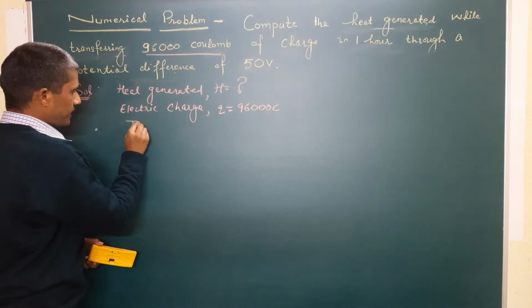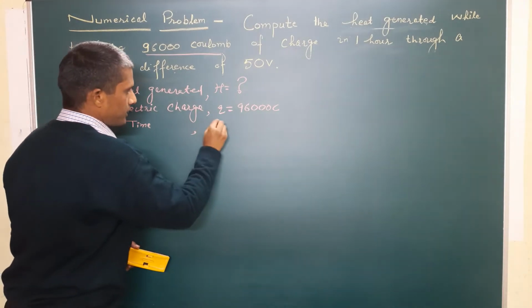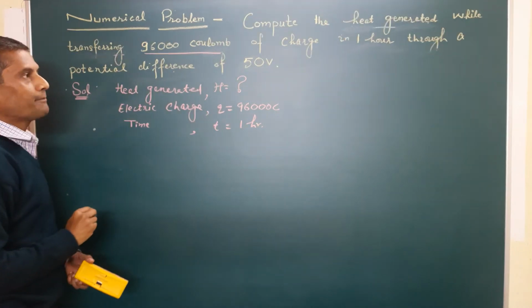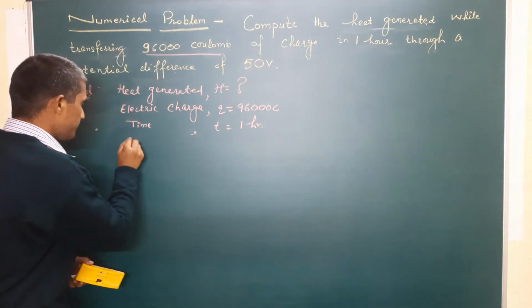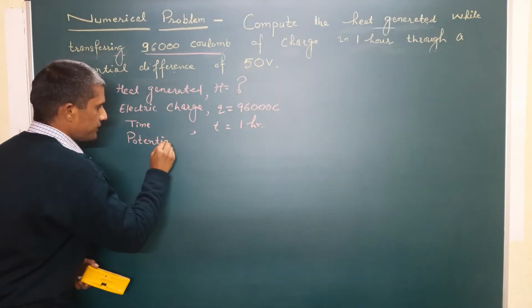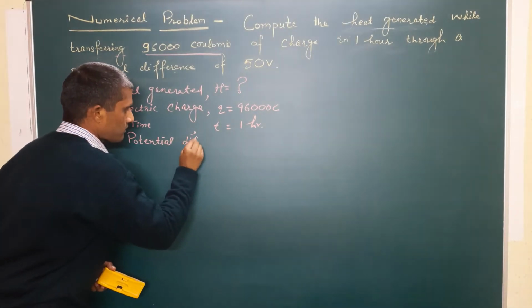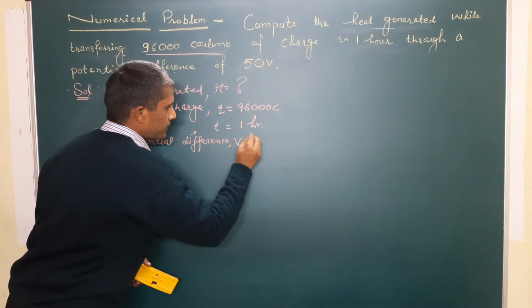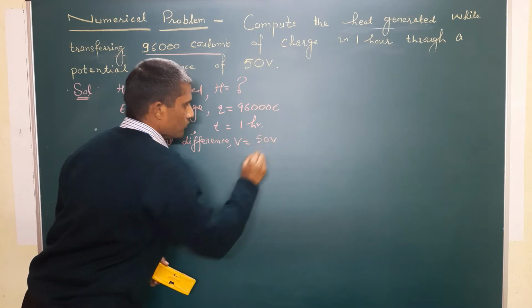Time T is 1 hour, through a potential difference of 50 volt. Potential difference V is equal to 50 volt.